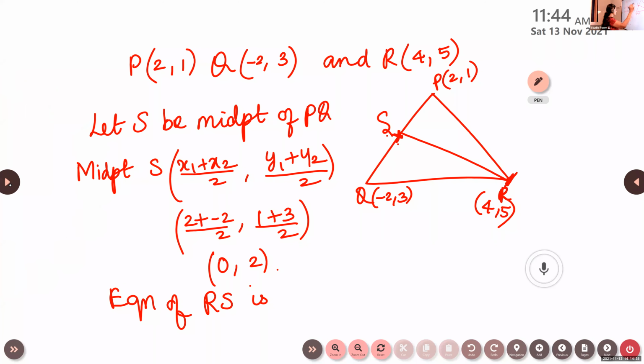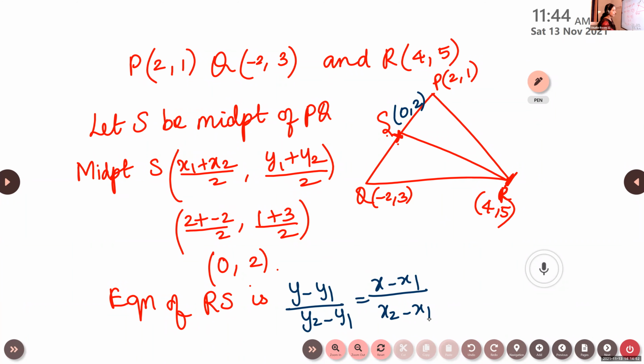R is given and S is 0, 2. Y minus y1 by y2 minus y1 equal to x minus x1 by x2 minus x1. Apply the formula and calculate the equation of RS.